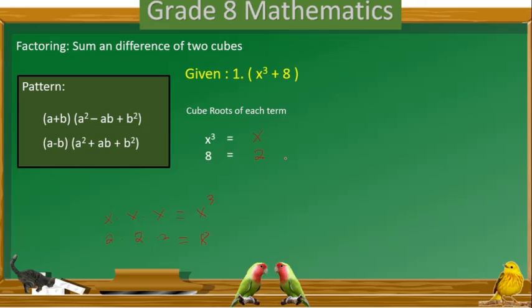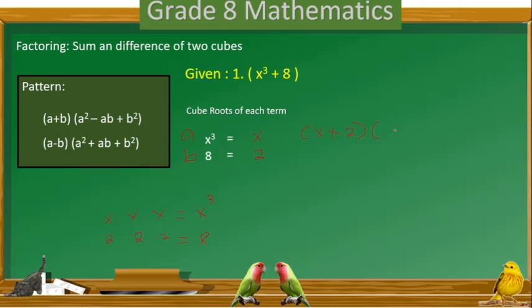After that, this is our a, this is our b. From the pattern, our a is x. Then copy the given sign. Then our b is 2. Then it says that here we have to square the first term, our a.